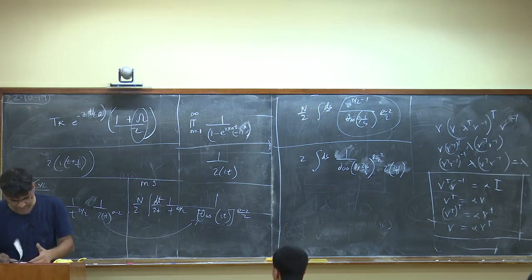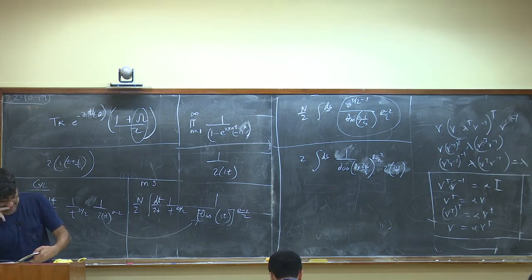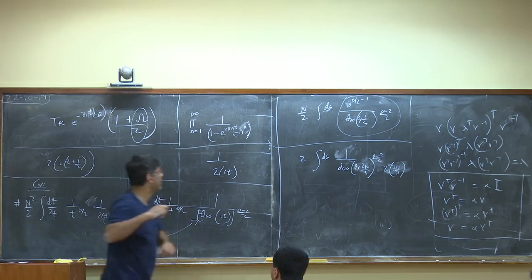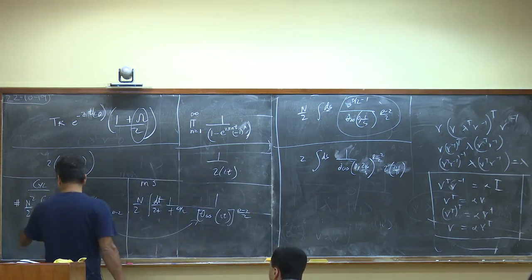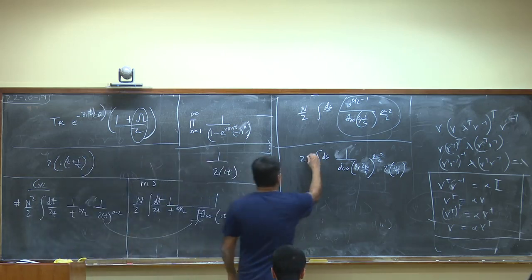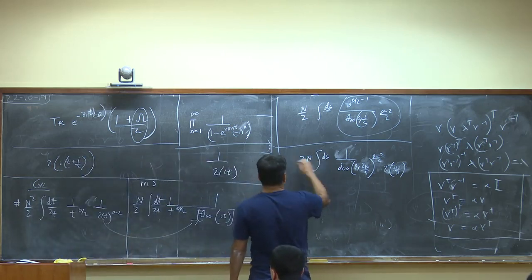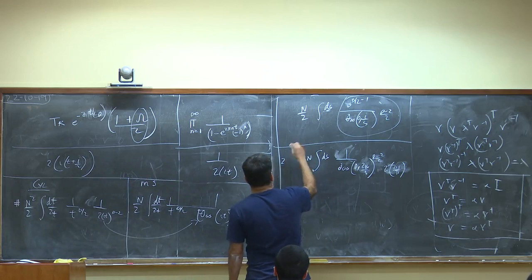So in the normalization in which this was 1, was this n squared by 2, this of course has a 2n times 2 to the power d by 2.